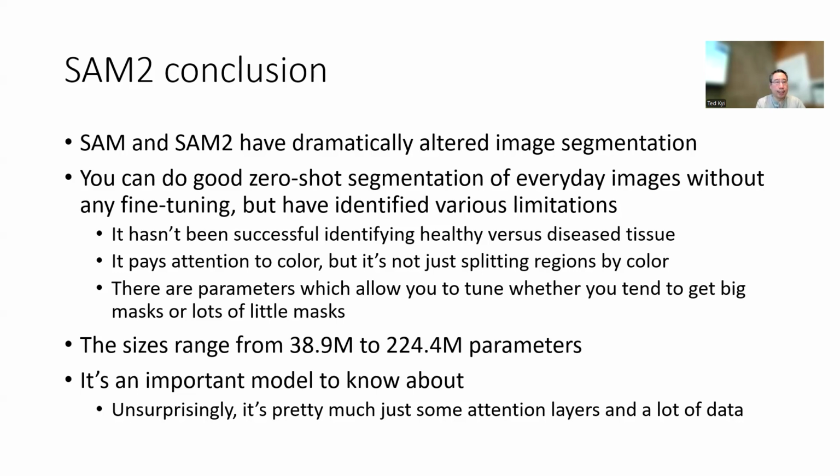And then when you run it, I don't know that you can do this on the website, but when you actually download the model and run it, there are some parameters that let you tune whether you want big objects or whether you want little objects. So I ran it on a picture of a house, and if you tune it one way, then you click on the house and you just get, we do the full grid thing, you just get one mask for the whole house.